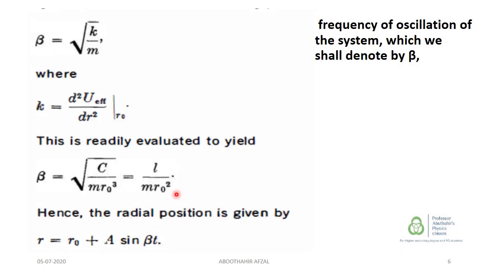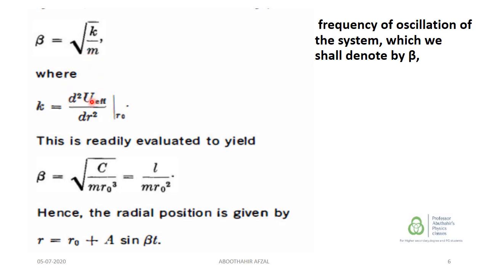Next slide. If the frequency of oscillation is denoted by beta, then beta is equal to root of k by m, where m is the mass of the satellite and k is the force constant. At the minimum, the second derivative of the effective potential is what we call the spring constant.